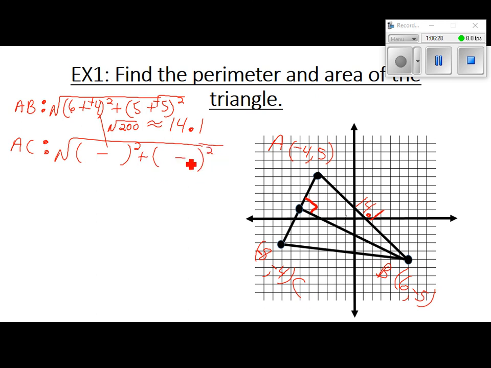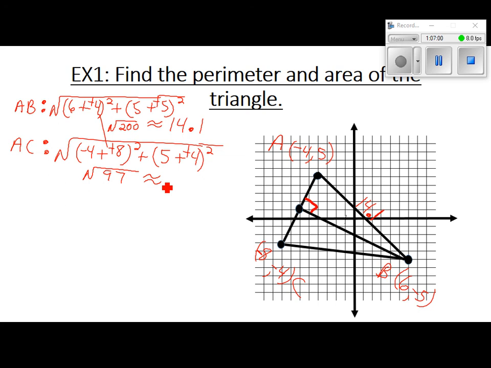X's for A and C: -4, -8. Change that to plus. Y's for A and C: 5 and -4. Change that to plus. What I got? 16, 9. That's 81. Anybody else get 97? No?